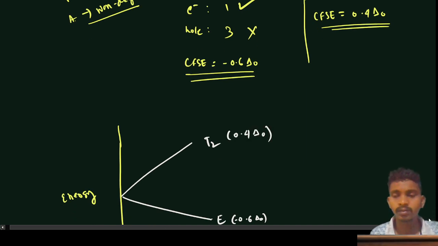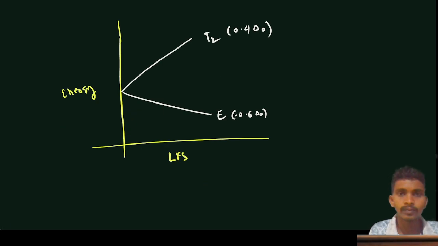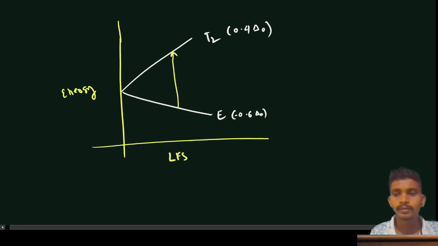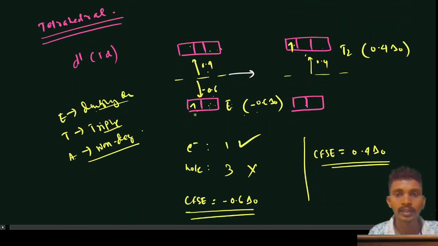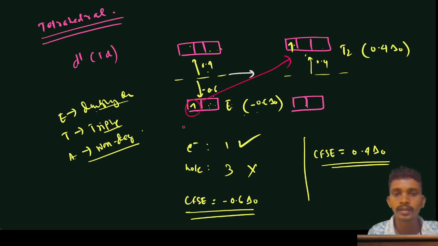So the electron transition is happening from this to this, that is from E to T2.